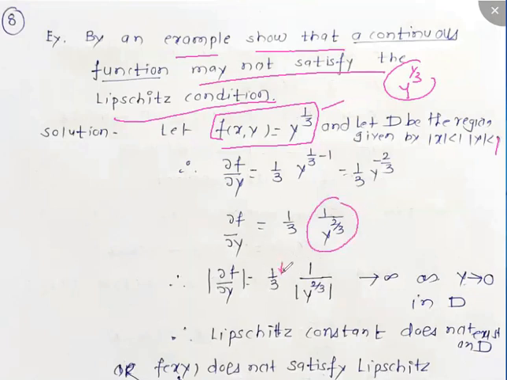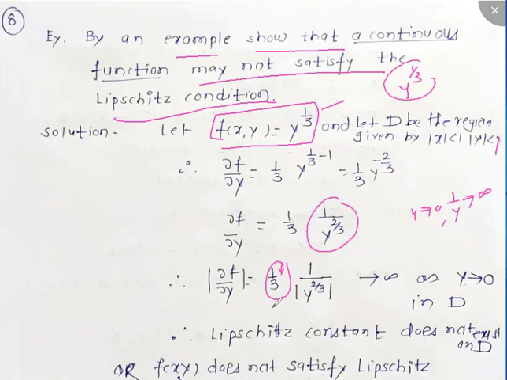Modulus is 1 upon 3, a positive number, into 1 upon y raised to 2 by 3. Now this tends to infinity if y tends to 0. If y tends to 0, 1 upon y will tend to infinity. So when y tends to 0, 1 upon y raised to 2 by 3 tends to infinity.